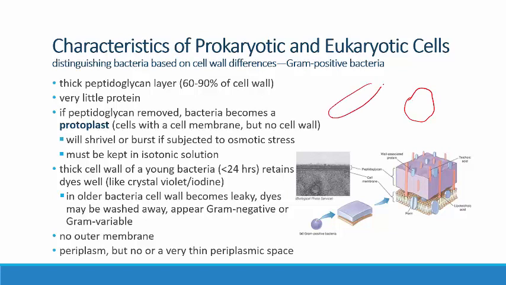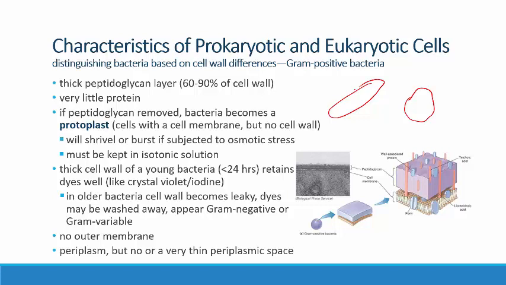Even if, say, we had a gram-positive rod, when you remove that peptidoglycan layer, that supporting layer, then the protoplast will be a roughly circular or spherical cell. And the cell will shrivel or burst if it's subjected to osmotic stress in this protoplast state.